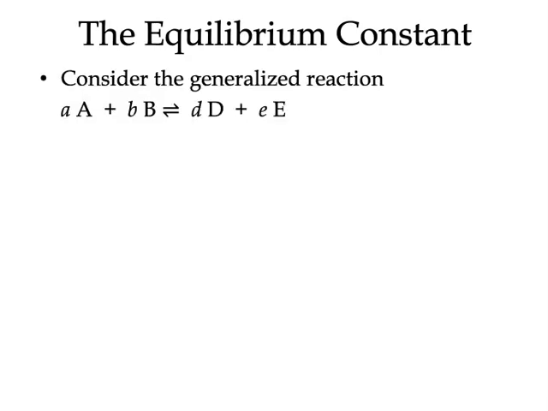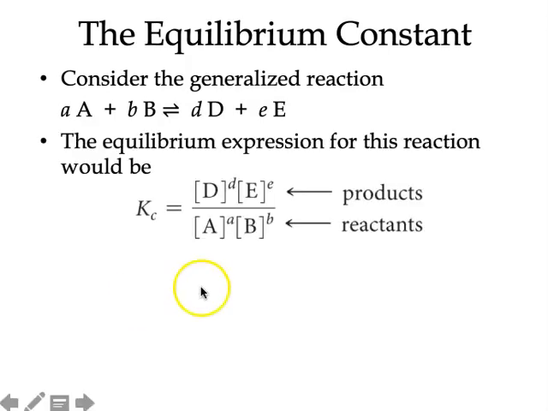I'll show you the generalized way of looking at this. Let's pretend that we have this general reaction right here. The equilibrium constant has a really particular look. What you'll notice about the equilibrium constant expression here, which is a K sub C, the equilibrium constant in terms of concentration, that's what that C stands for, is that it's always products over reactants. These brackets always indicate concentration in chemistry.